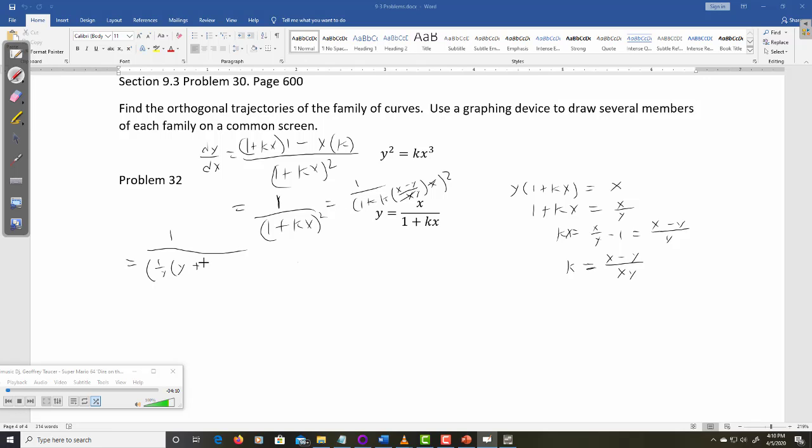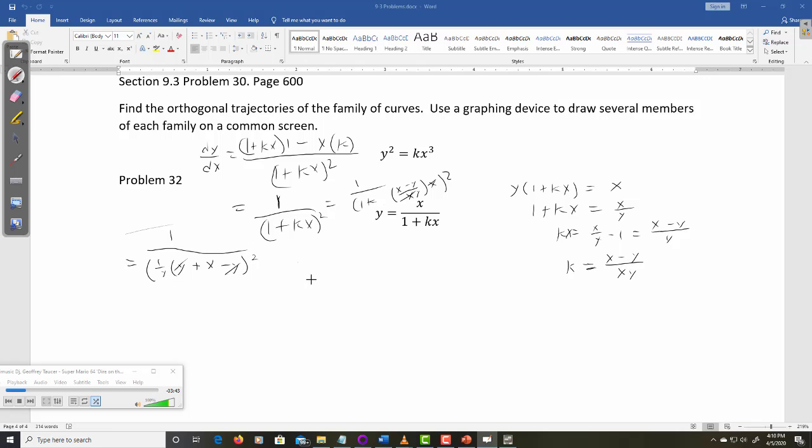So y plus, and then k. Well, that is the k. There we go. y plus x minus y, squared.